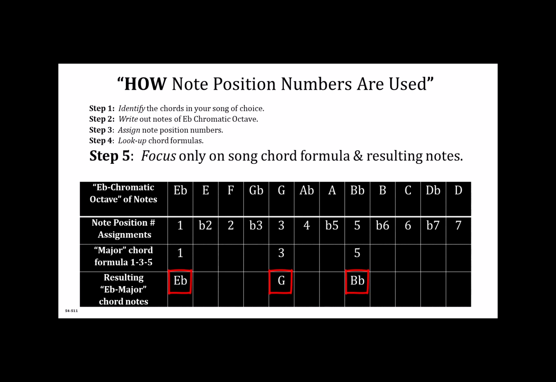Anytime we play those 3 notes, that is an E flat major chord. Major because that's the formula we use for a major type of chord, and in this case the specific chord name was E flat. So all told, it is an E flat major chord.